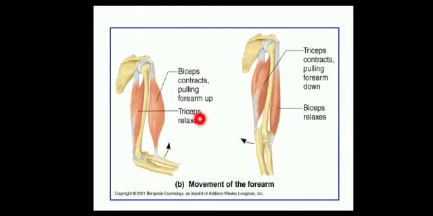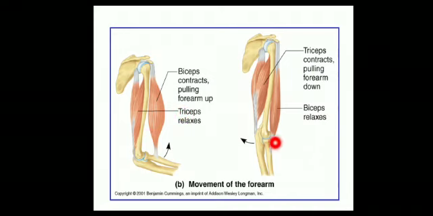Here you can see in this diagram, this is the biceps brachii, which is mainly causing the flexion at the elbow joint. So the biceps brachii here acts as a prime mover or agonist, and the triceps brachii relaxes and acts as antagonist. So this is the case of the flexion.